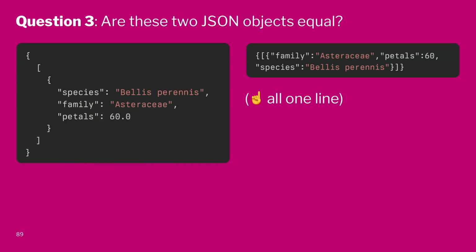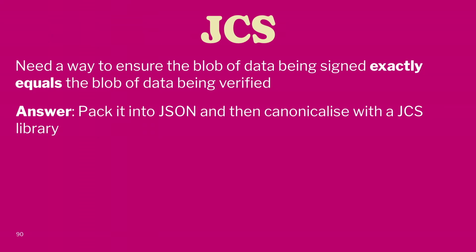and uploaded. But then there's another problem. Which JSON should we sign? Are these things equivalent? Well, they are according to a JSON parser, but not if you're signing a blob of data, because the one on the left has white space in it, and the one on the right, well, so we needed a way of normalizing JSON down to a known quantity, something that wouldn't change if you reordered the fields or if you wanted to represent your numbers differently.